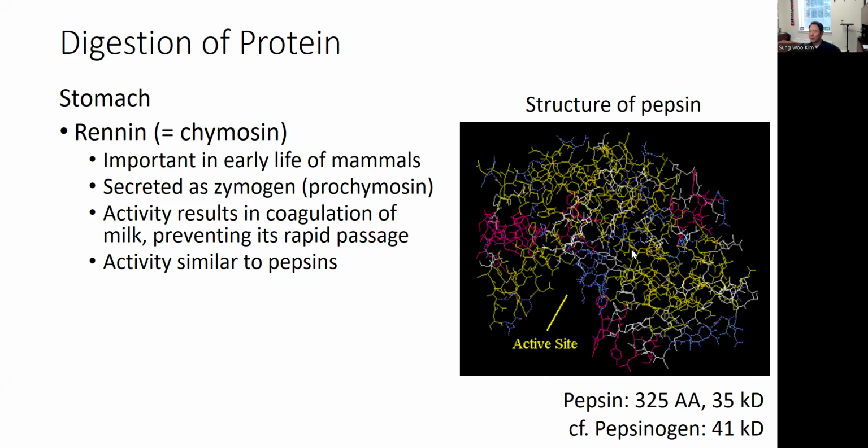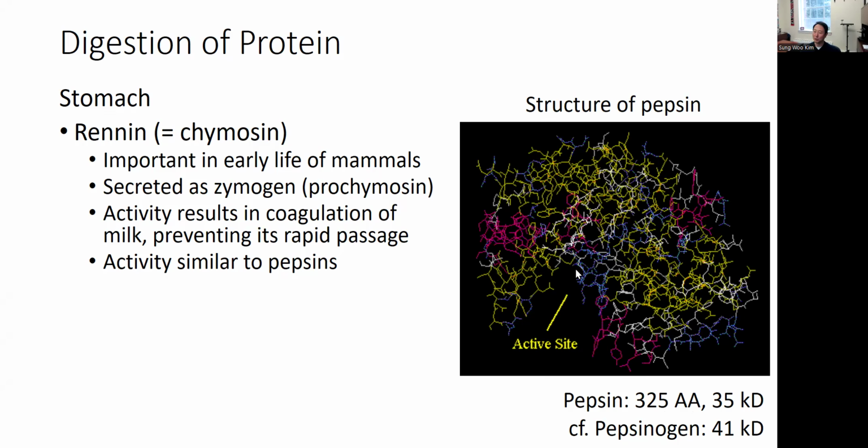On the right side, I'm showing you the structure of pepsin. This is actually a pretty big protein made of 325 amino acids, 35 kilodaltons, and this is the active site.